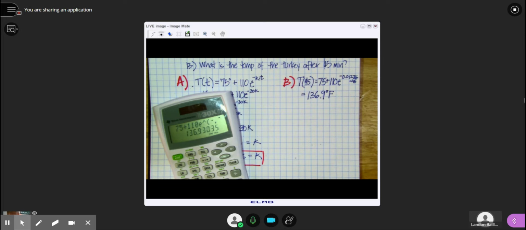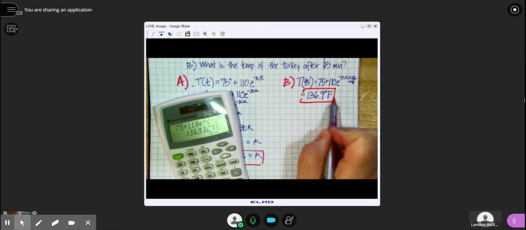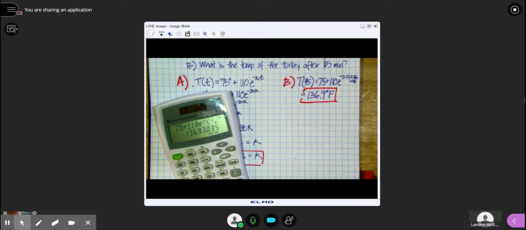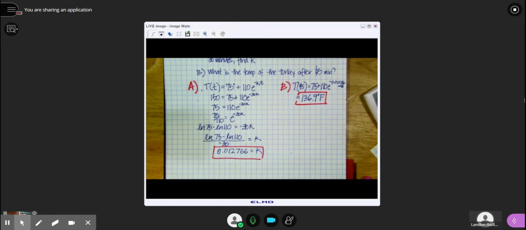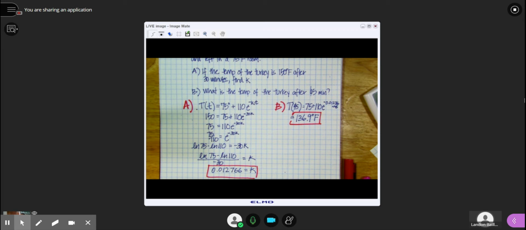It definitely shouldn't have gone up in temperature. So when I got an answer of 270 degrees, I knew it was wrong because it started at 185. So it shouldn't have gone up. All right. That should do it.